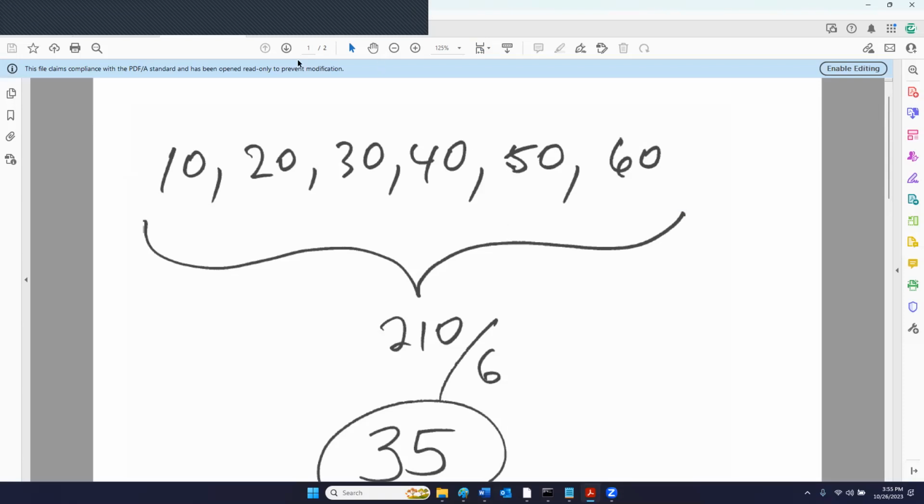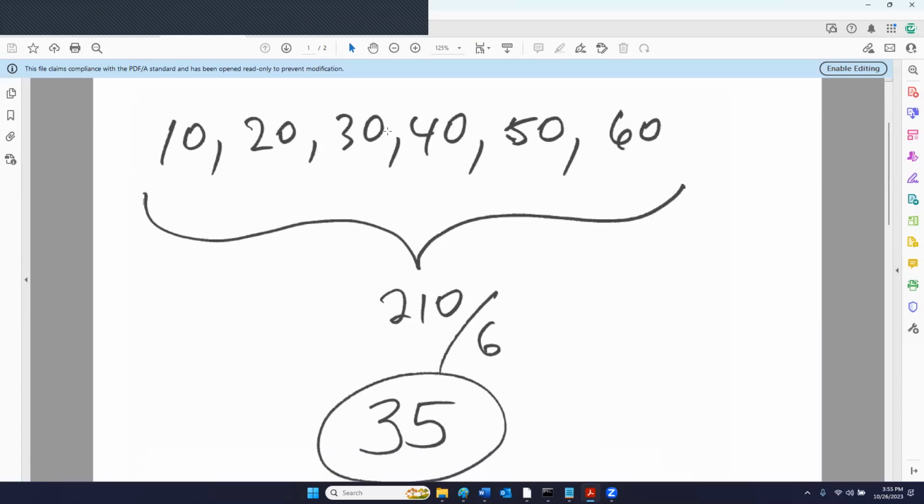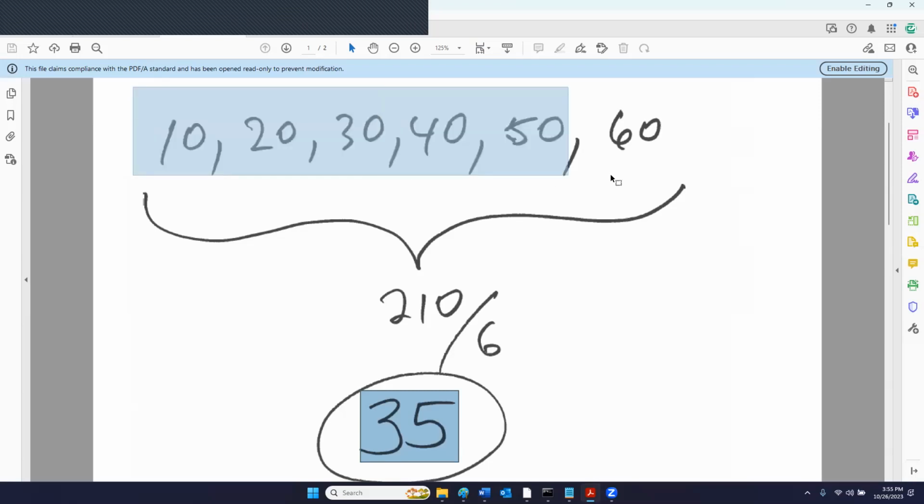So first, we determine the mean or the average. We take each of the values, add them all together, and divide by the count of the number of values. This is something that most people already know. So 35 would be the average or mean of this distribution of values, okay?